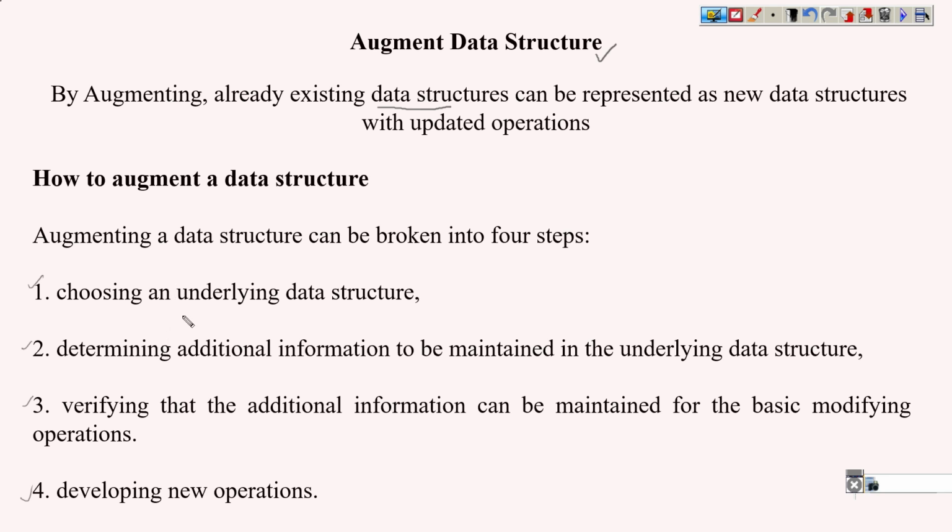The very first thing is you need to identify one existing data structure. If you are going to solve any problem, you are looking for the most relevant data structure that can be used to solve it, the one best suited to your problem.